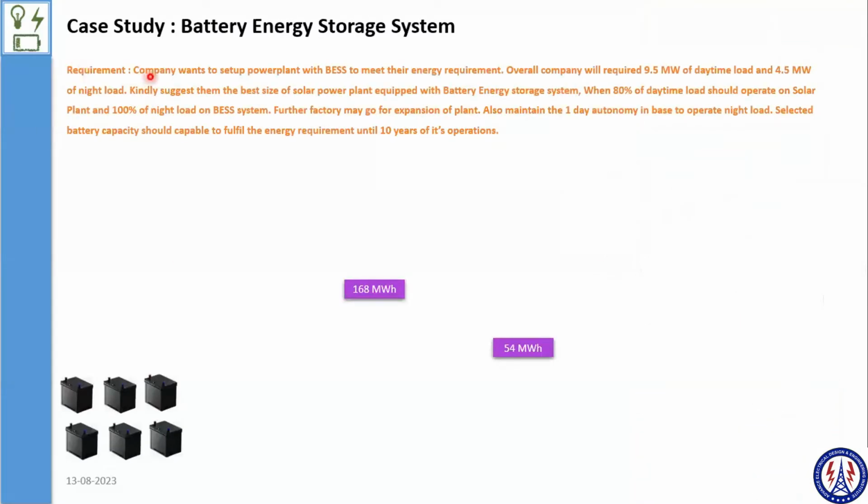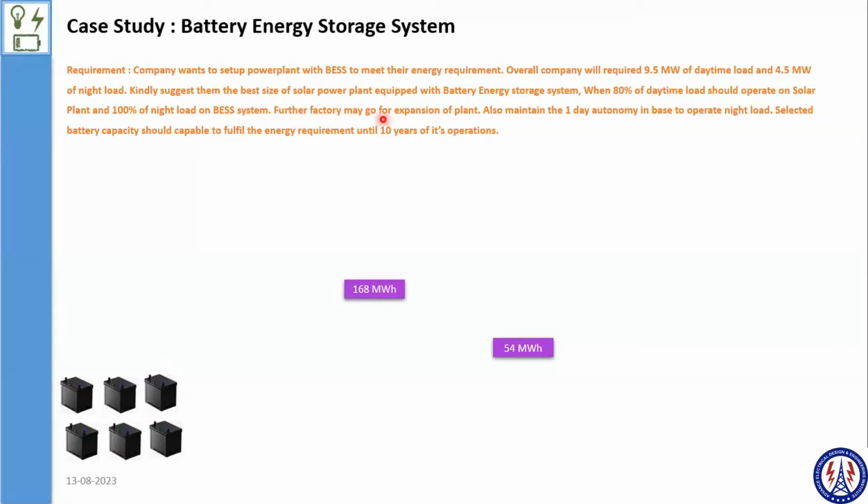So what is the requirement? A company wants to set up a power plant with the BESS to meet their energy requirement. Overall, the company will require 9.5 megawatt of daytime load and 4.5 megawatt of nighttime load. They are asking us to suggest the best size of solar power plant equipped with a battery energy storage system, when 80% of the daytime load should operate on the solar plant and 100% of the night load should operate on the BESS.